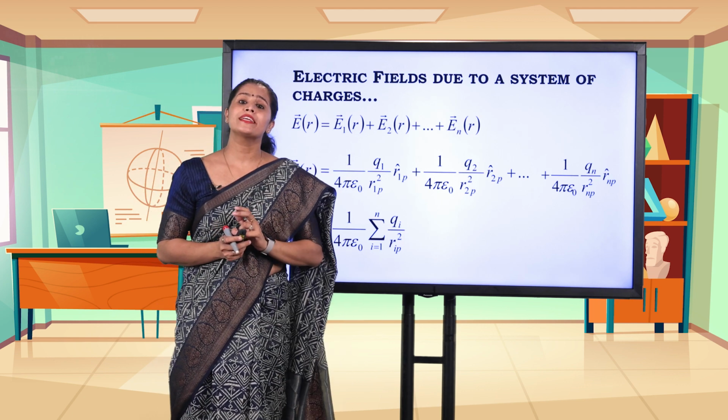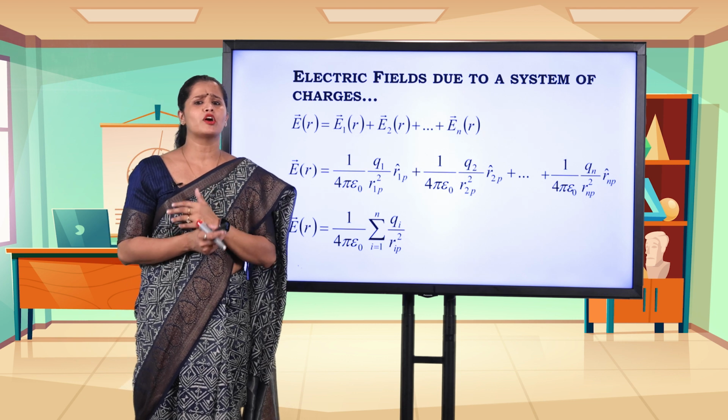So, in this way we can calculate the electric field due to any number of charges.